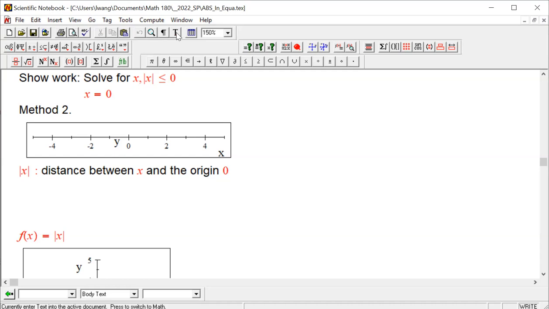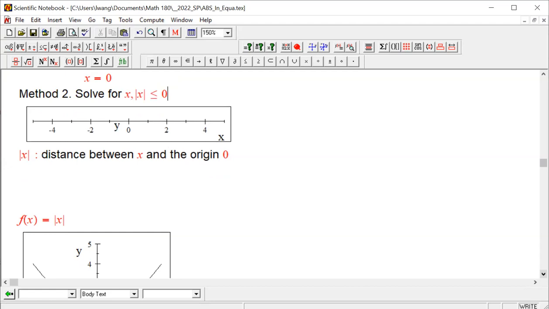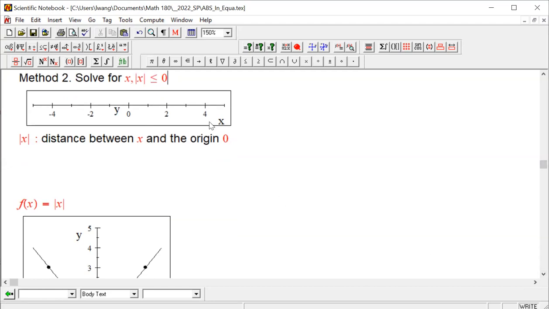That's the definition of absolute value, the distance between x and the origin. And we want that distance to be what? Less than 0 or equal to 0. For less than 0, we have discussed no solution. Equal to 0, yes, we have one solution.